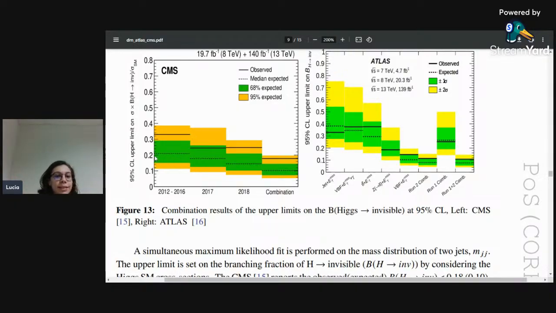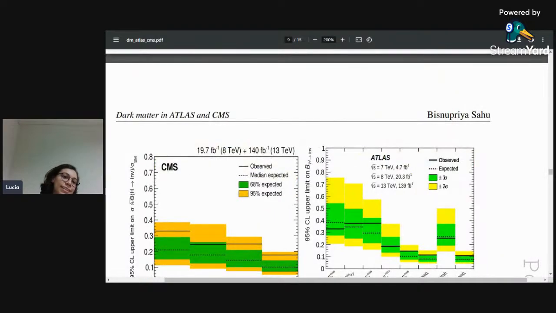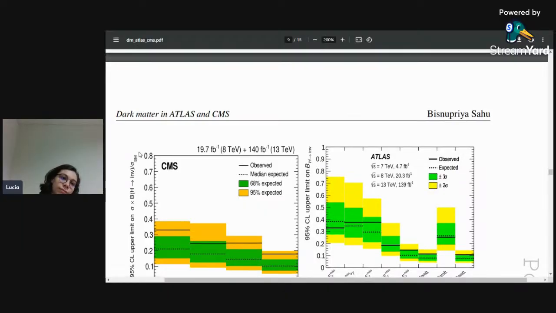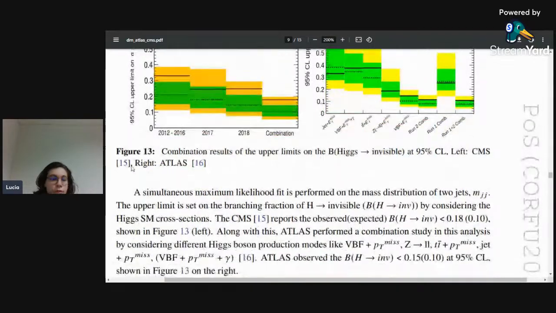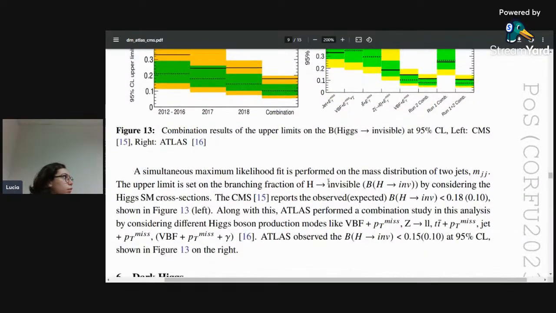This is the median, but it's just the confidence bands. The axis is the cross section times the branching, divided by the standard model cross section. So this is the combined branching.